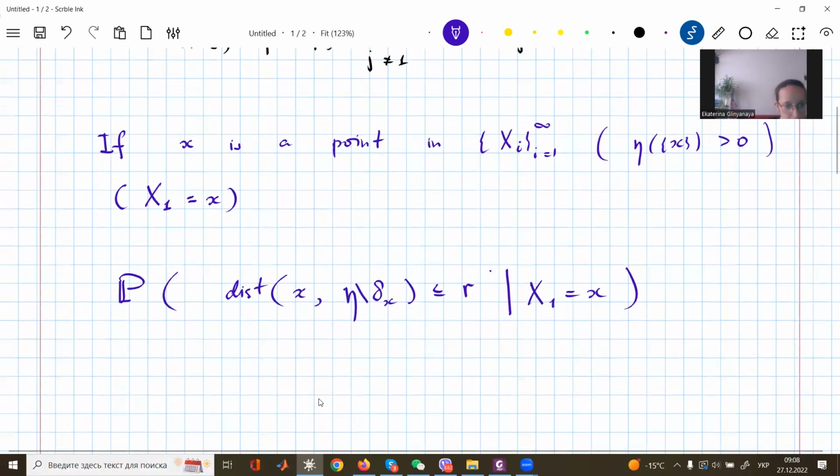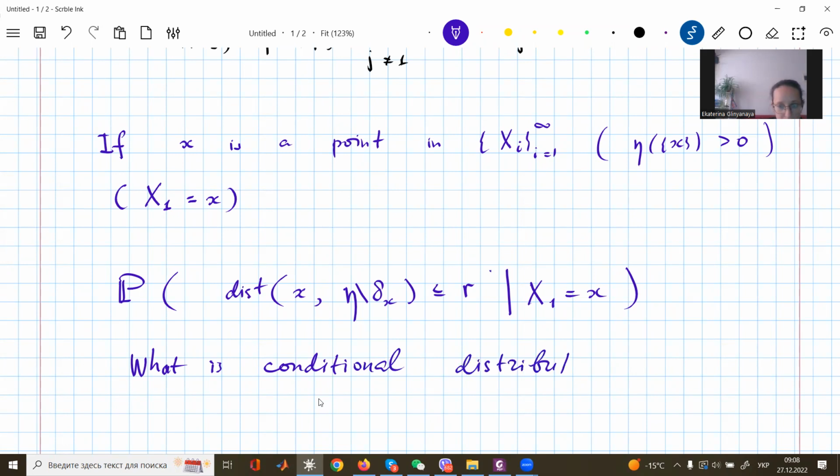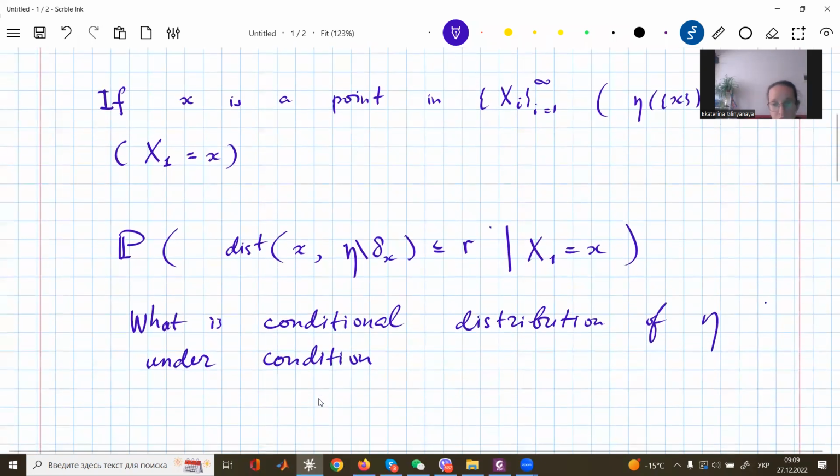So the question now is what is the conditional distribution of eta under the condition that we have a point at x.